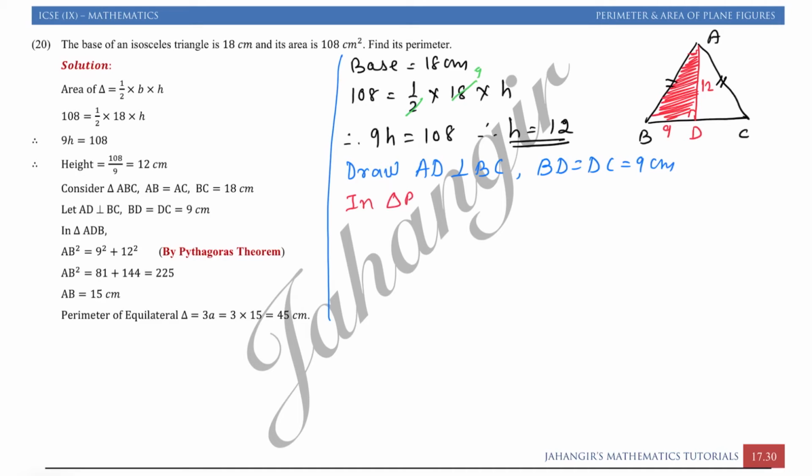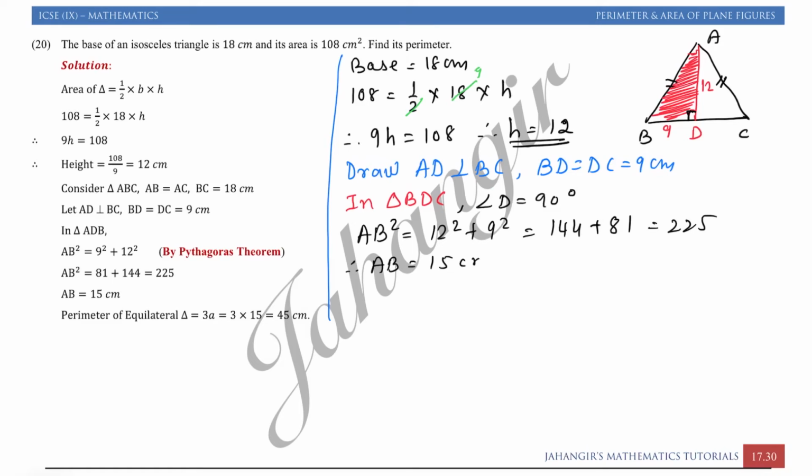In triangle ADB, angle D is 90 degree. So by Pythagoras theorem we can say AB square is equal to 12 square plus 9 square, that is equal to 144 plus 81, which is equal to 225. So therefore AB is equal to 15 centimeter.